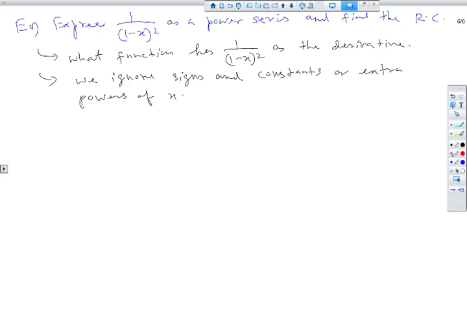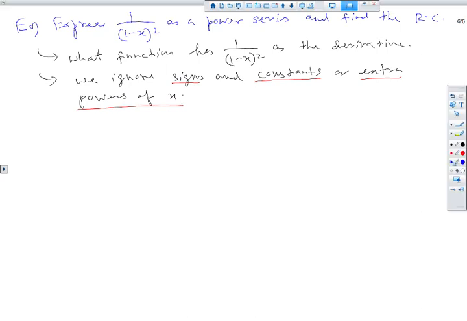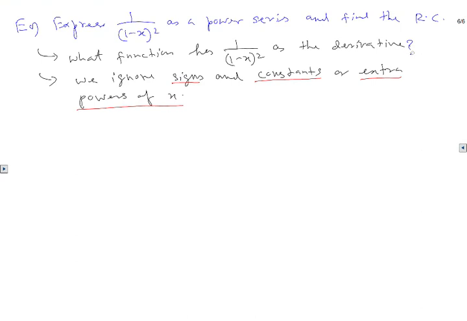You can manipulate signs, you can manipulate constants, you can also manipulate extra powers, because you can always multiply by x, so that's not a problem. So we only need to worry about the major term. What function has this as the derivative, and then forget about the rest. Forget about the constants and numbers, and extra powers of x.